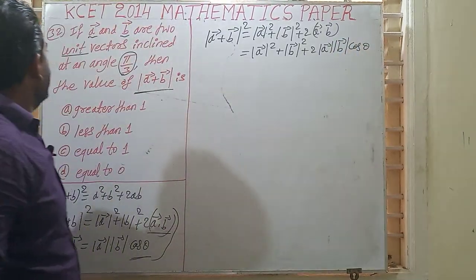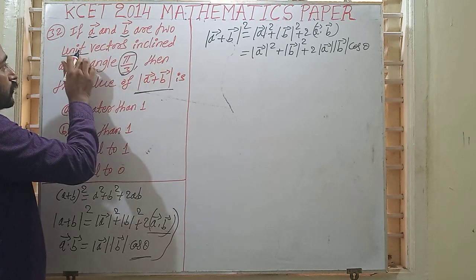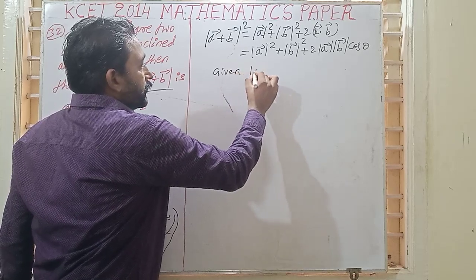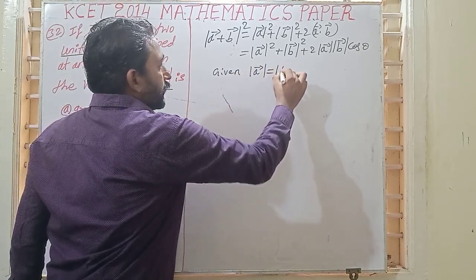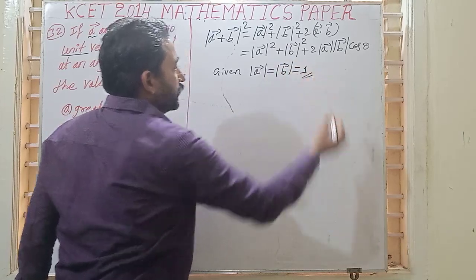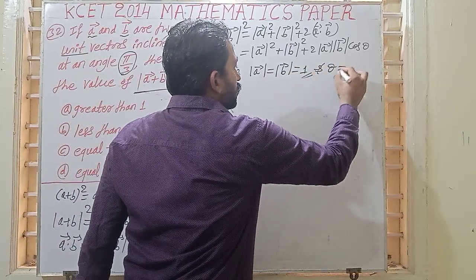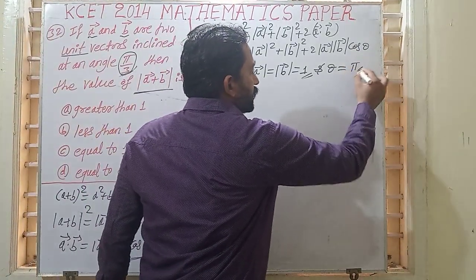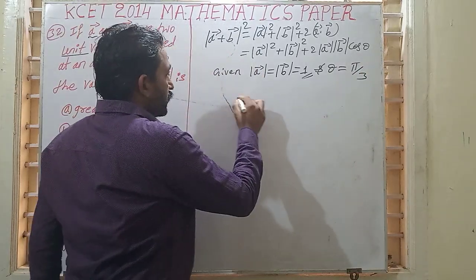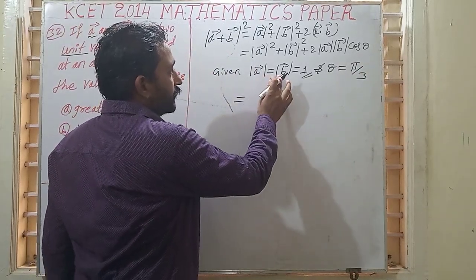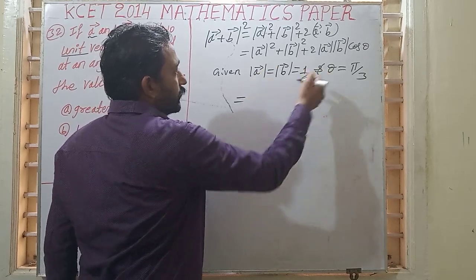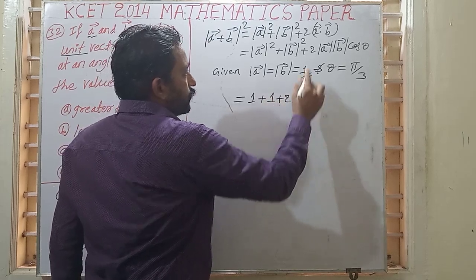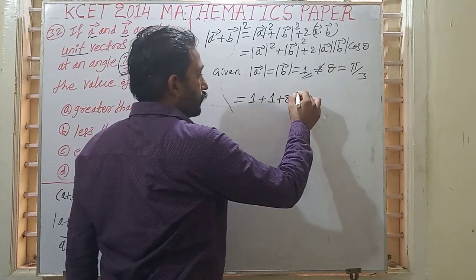In the problem, A and B are two unit vectors, so magnitude of A and magnitude of B are both equal to 1, and theta is pi by 3. Substitute all these three values. Magnitude of A, 1 square is 1, magnitude of B is also 1 square is 1, plus 2 into magnitude of A into magnitude of B, 1 into 1 is 1.